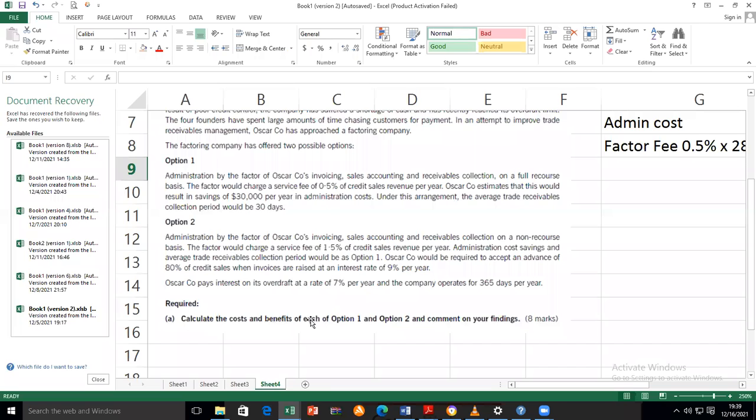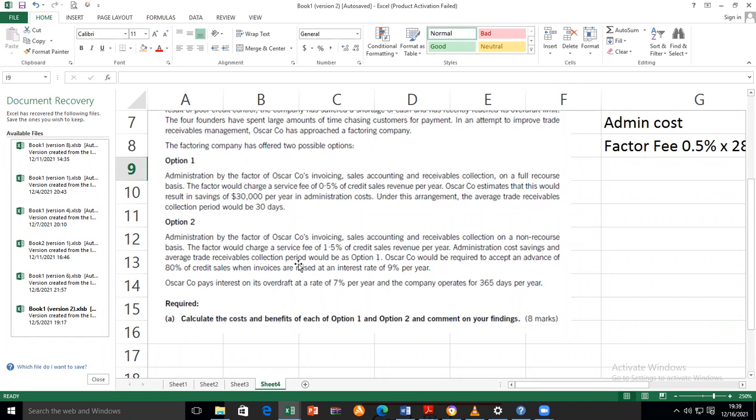There's some information here. The admin by the factor of Oscar's invoicing, accounting, and collection on non-recourse. This is on a non-recourse, so meaning that they are going to take over the bad debts. The factor charges 1.5.